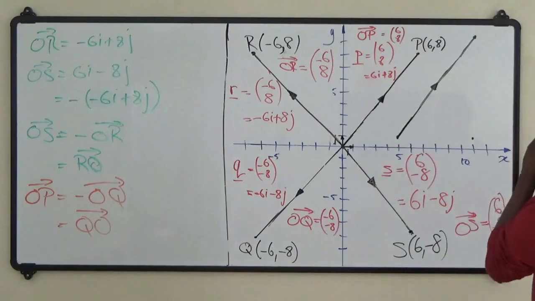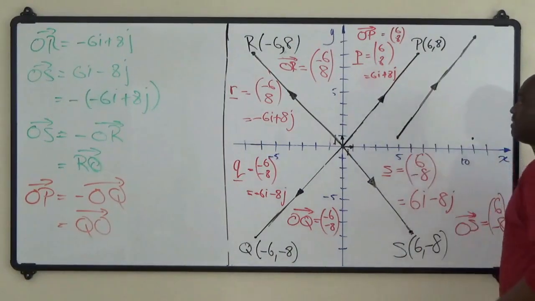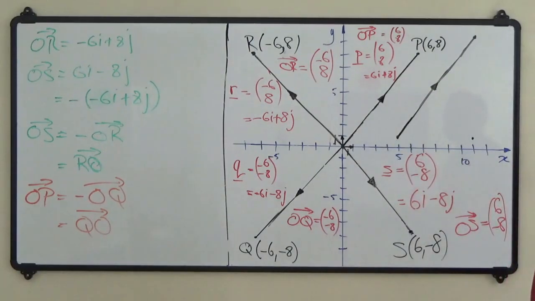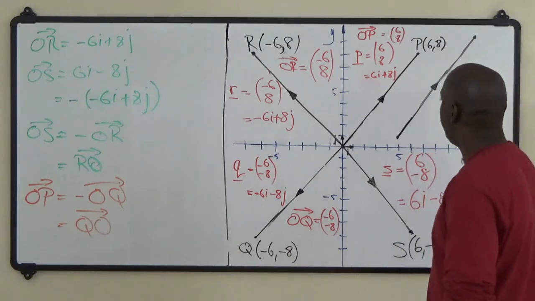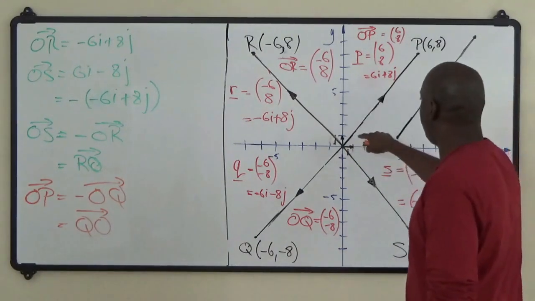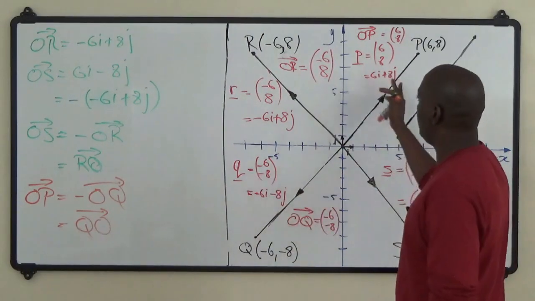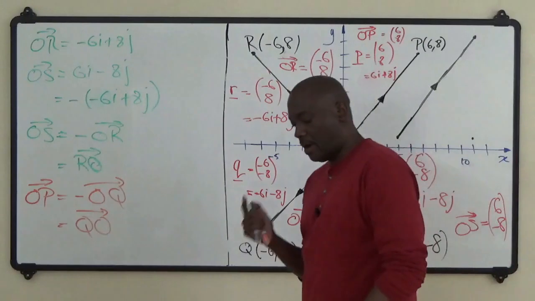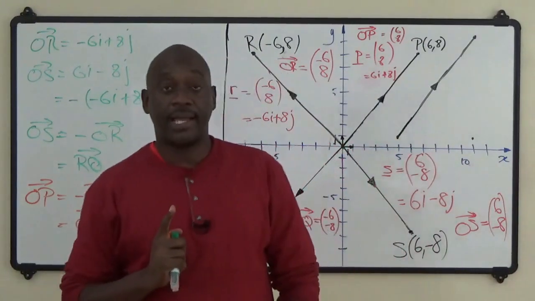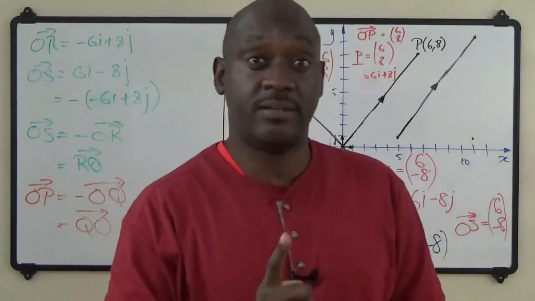Alright? So by using examples, we'll be talking about certain features, certain characteristics, certain qualities of vectors in general. And any of these four position vectors could be replicated in other parts of the coordinate geometry system. However, just to remind, once the vector does not originate at the origin, it is not a position vector.